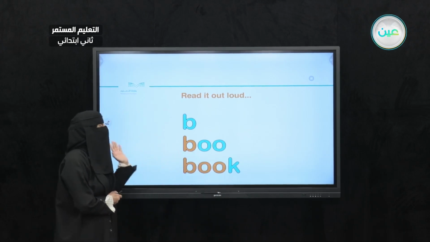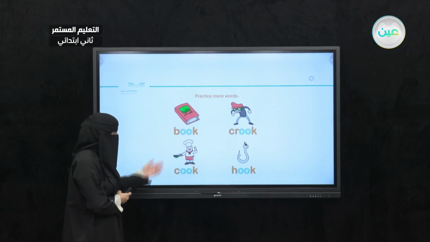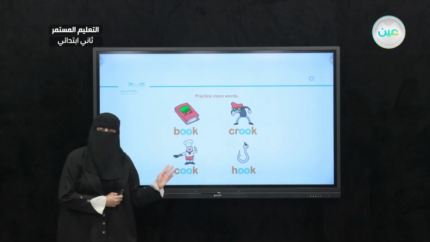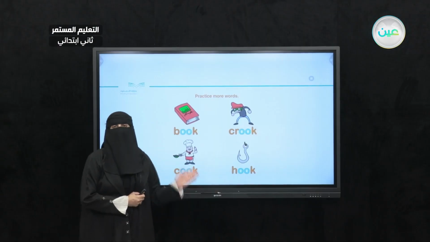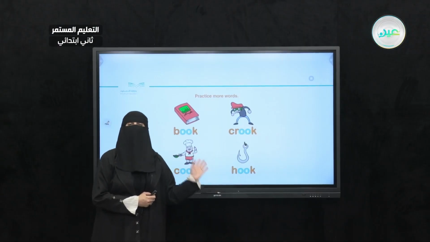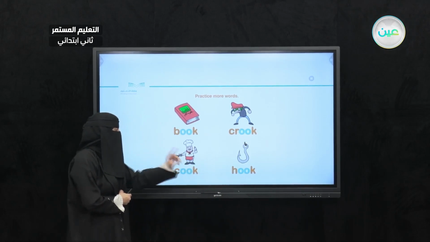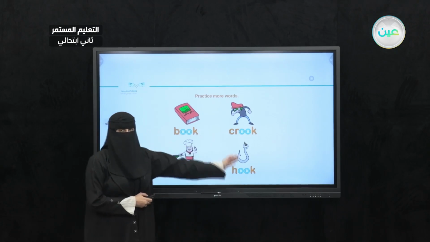So here I have short O. Let's practice. Book, crook, cook, and hook. Even though I have two O's here, this sound is short. That's why we call them short O's. So here I have hook, cook, book, and crook.